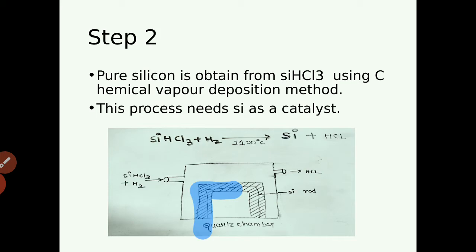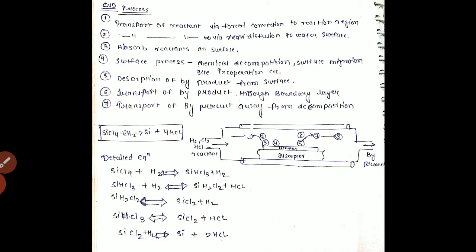So let's see the chemical vapor deposition in depth. In this process, we have a chamber, and here we put our susceptor, over which we put our silicon wafer, which is a catalyst. The newly formed silicon will deposit on that catalyst only. We start the process with the transportation of the reactant. What is the reactant here?